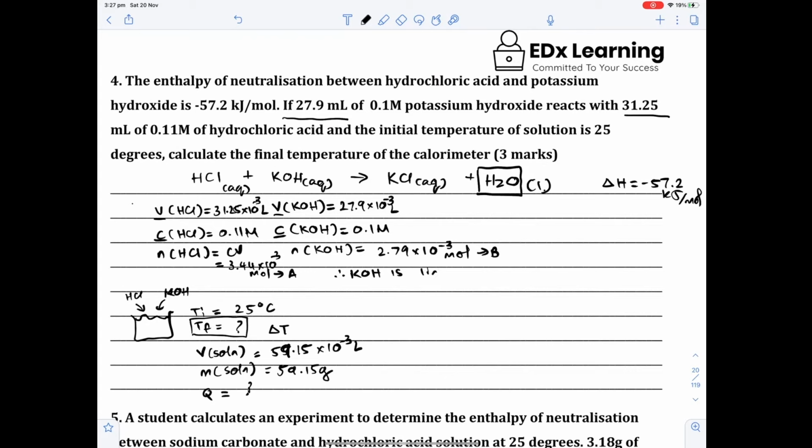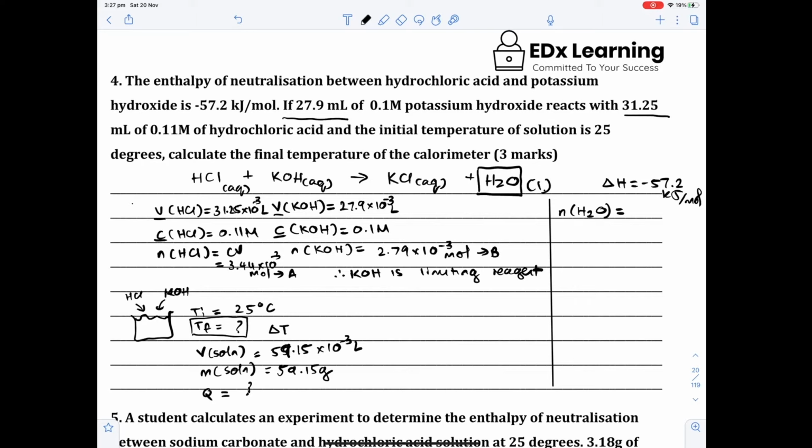Remember, the reason it's called the limiting reagent is because it limits the amount of product we produce. What's the product we care about? Water. So we're going to find the number of moles of water. This is where we do what I call applying the stoichiometric ratio. You want the number of moles of water. Does everyone agree? We're going to equate that to the number in front of itself in the stoichiometric ratio.